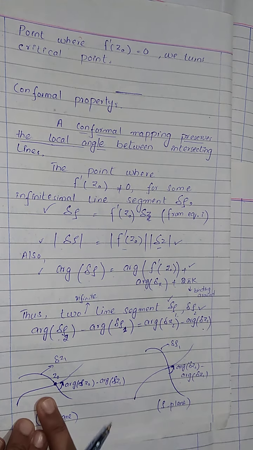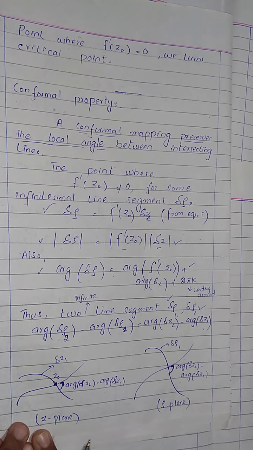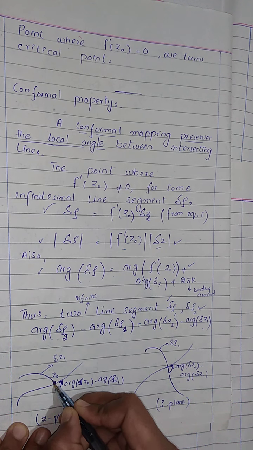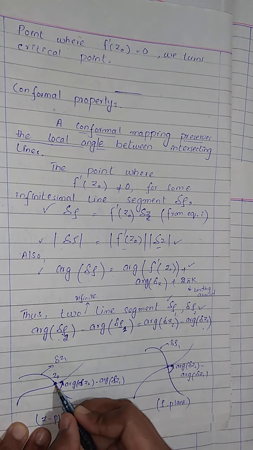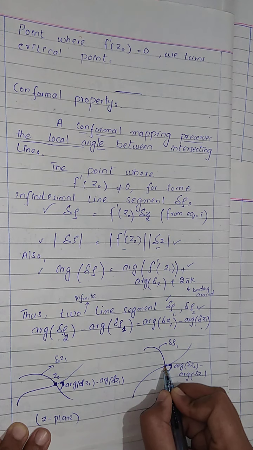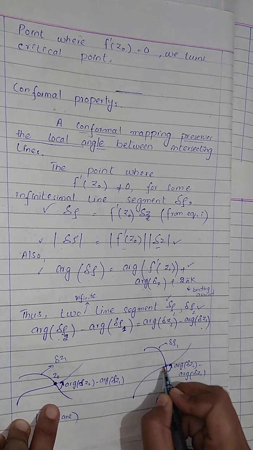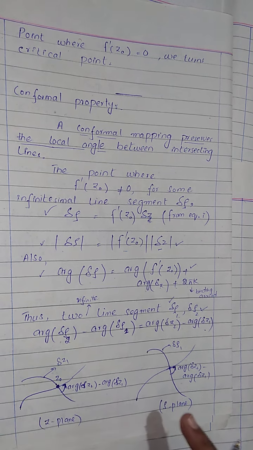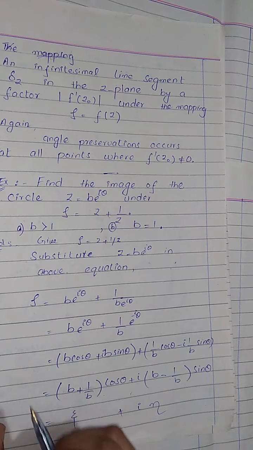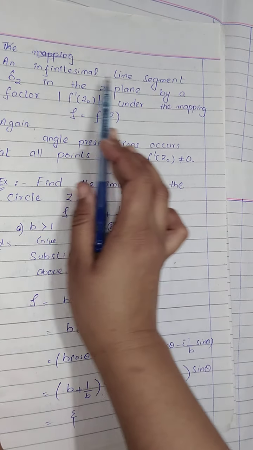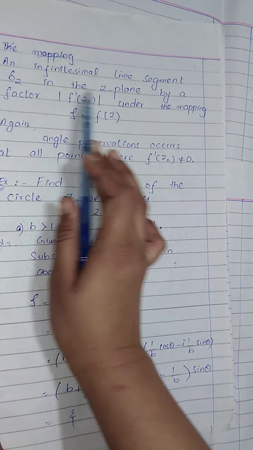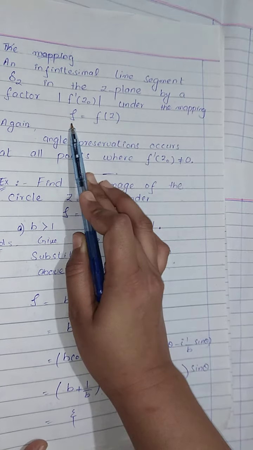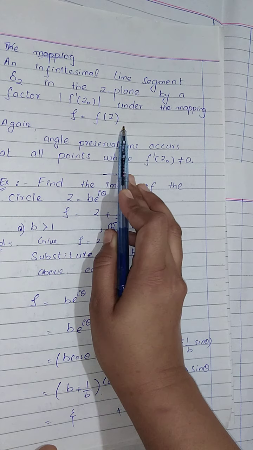It means if we have two planes, one is the z plane and second is the zeta plane, then the lines intersect at this point, the angle between the two lines will be the same and the magnitude of the function will also be the same. An infinitesimal line segment del z in the z plane is scaled by a factor f derivative of z naught under the mapping zeta is equal to f of z.